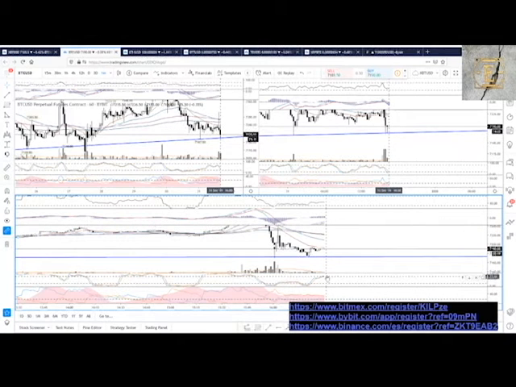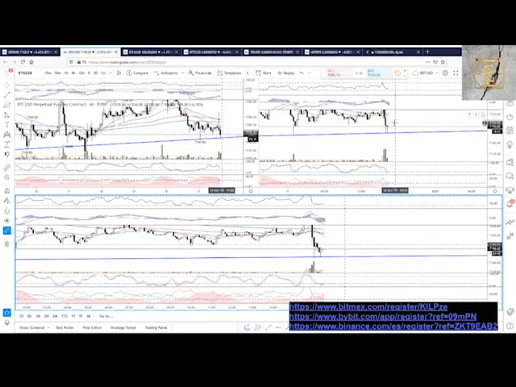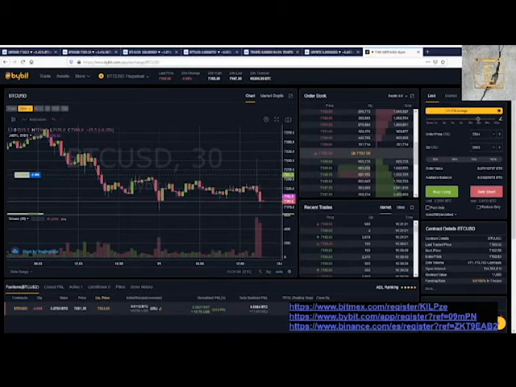One minute looks like it's time to move again. 5 minutes, 15 minutes didn't make any reaction, so I think it's time the trend line is going to be broken. Come on.